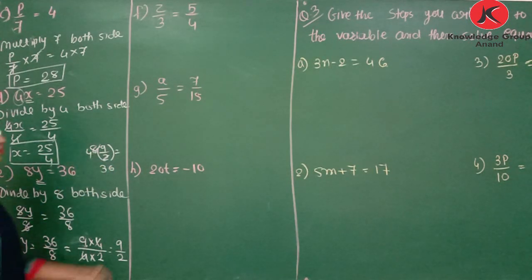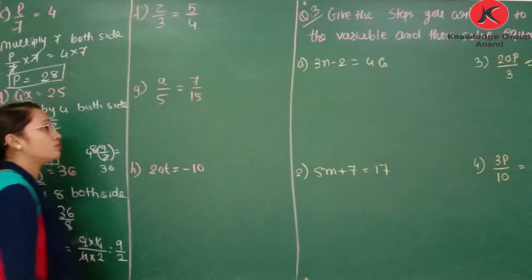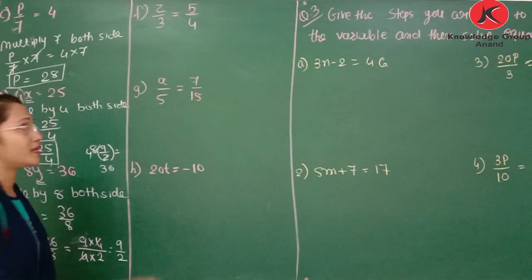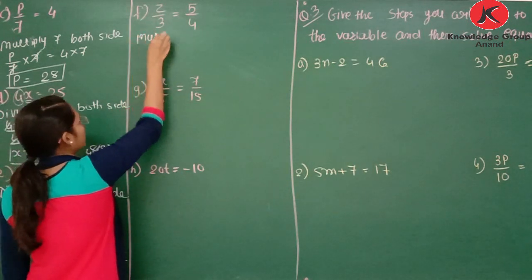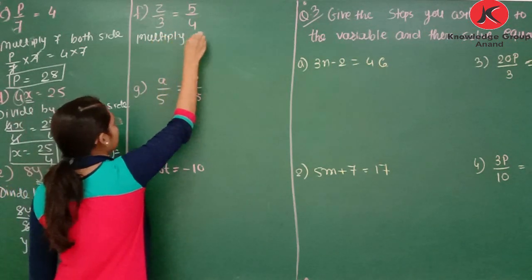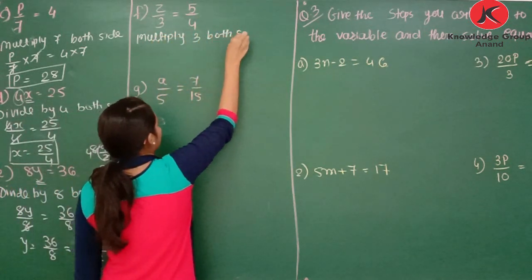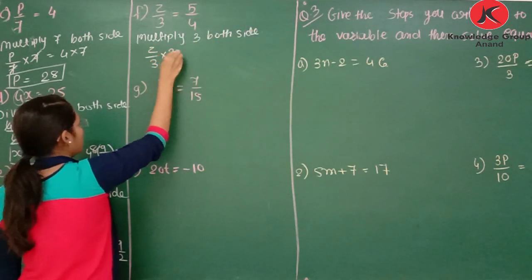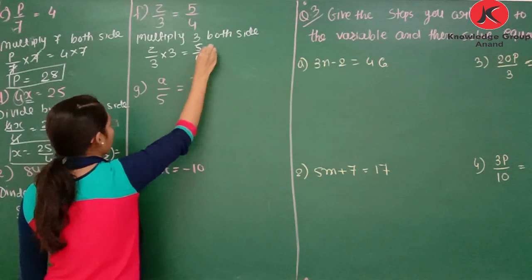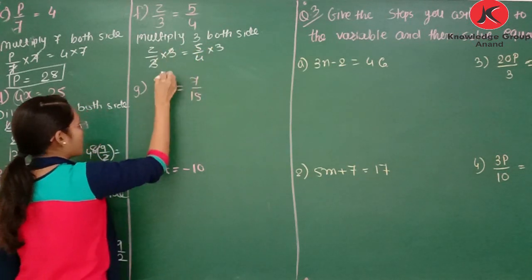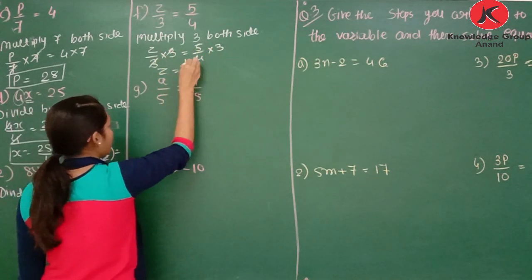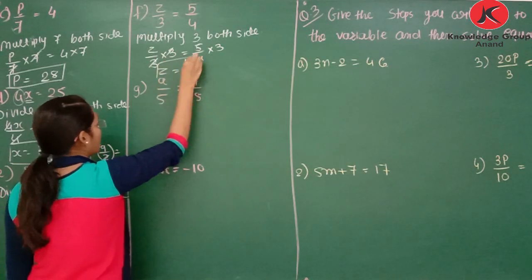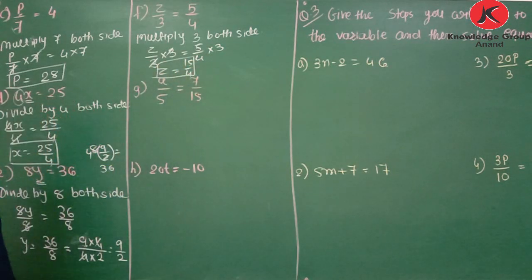Clear? Now next one. z by 3 is equal to 5 by 4. Here you need to remove this 3 and that is in a division. So multiply 3 both sides. z by 3 multiply 3 is equal to 5 by 4 multiply 3. 3 cancels, so z is equal to 15 by 4.